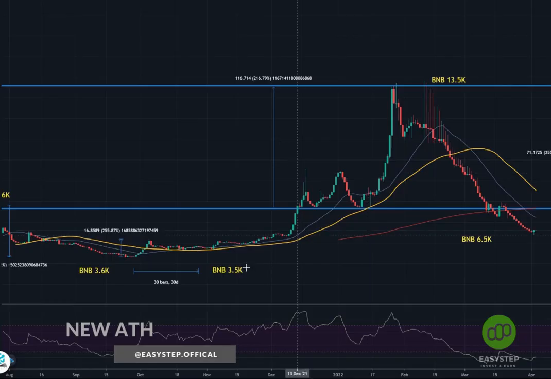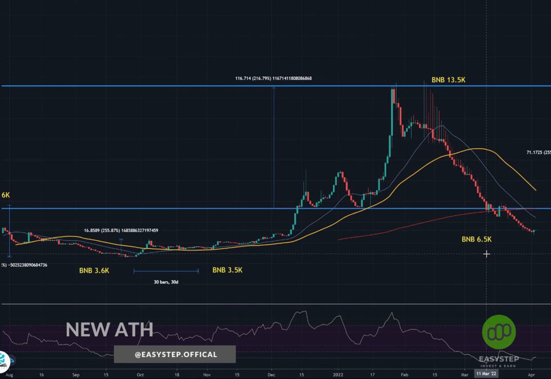Now, after we moved from here, we moved up to our all-time high of about $170, $190, and the BNB balance of 13.5 thousand. And then we had our retracement, which is where we're at today, and the BNB balance is around 6.5 thousand.